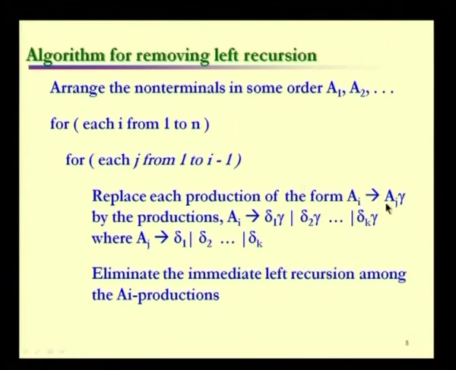So, we have the condition that if it is of the form A I derives A j gamma, then this j becomes a low order production. We will be going for substituting all possible rules for A j in the A I production. First, you should know what are the productions available for A j.